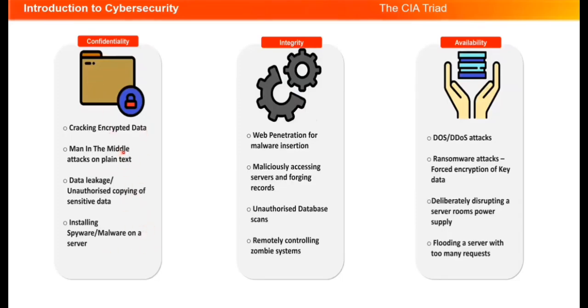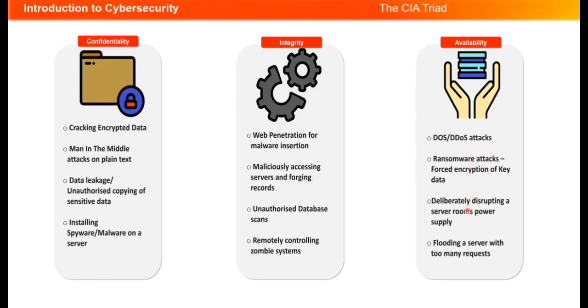Confidentiality would be cracking encrypted data, data leakages, installing spyware. Integrity would be penetrating into a network, unauthorized scanning of databases, remotely controlling systems using bots, maliciously accessing servers, or updating records without the permission of the enterprise.